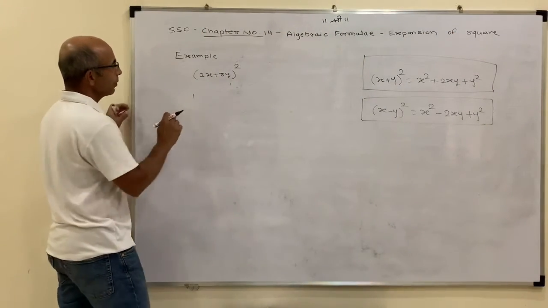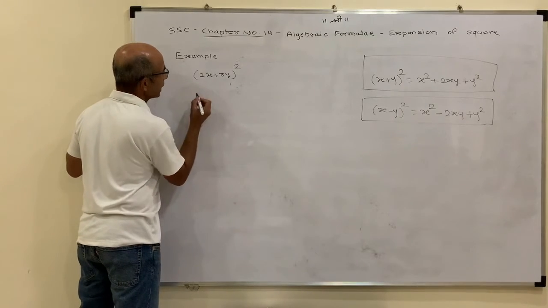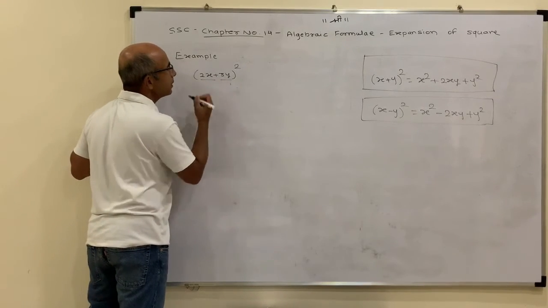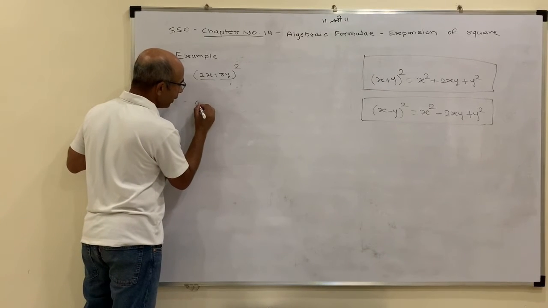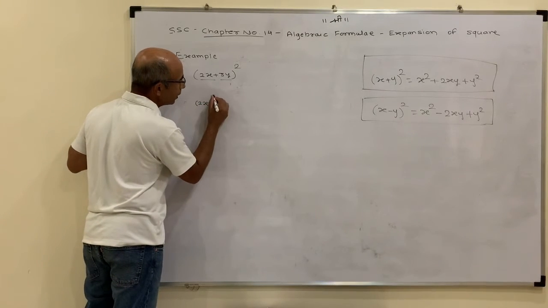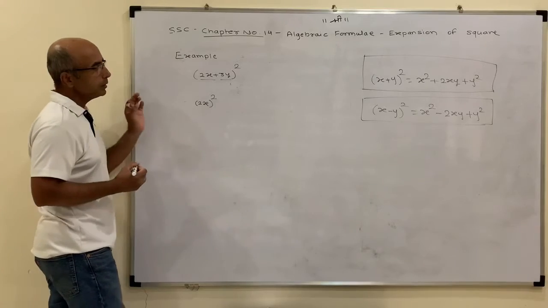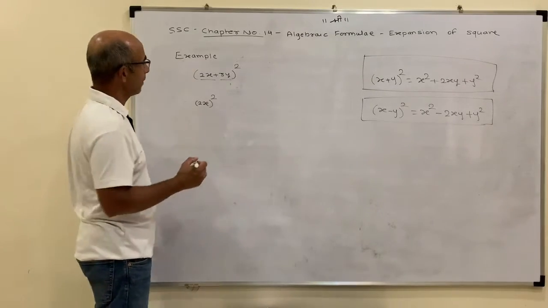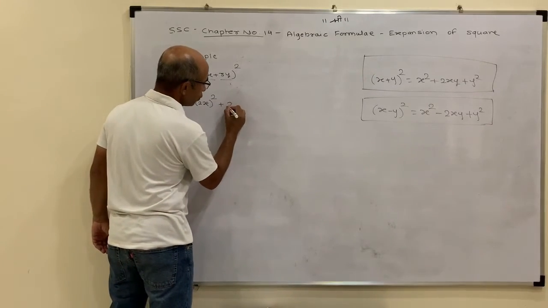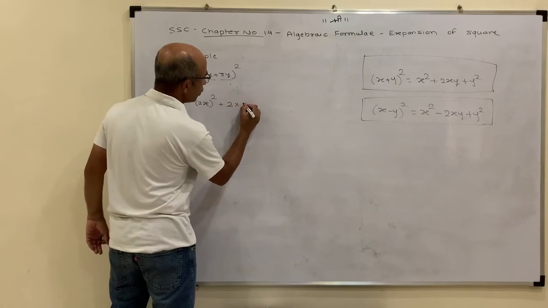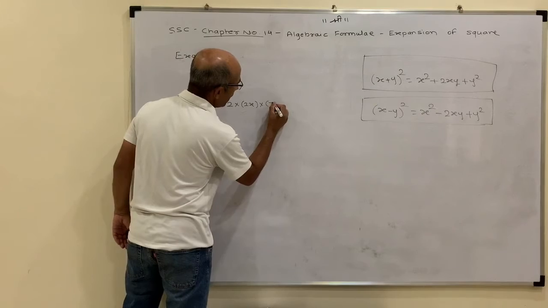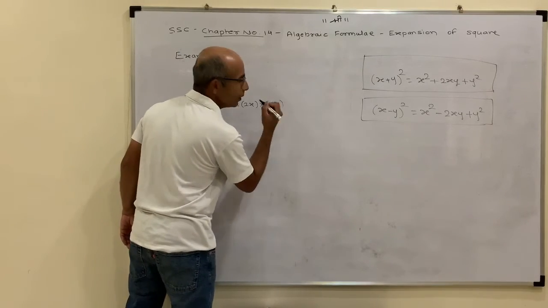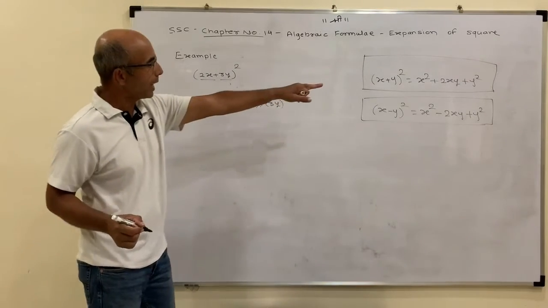So these are the two formulas we learn. Now, what does my formula say? Now I am explaining it. This is my first term and this is my second term. So here, 2x squared is the first term: x² plus 2 into 2x into 3y, that is 2xy.